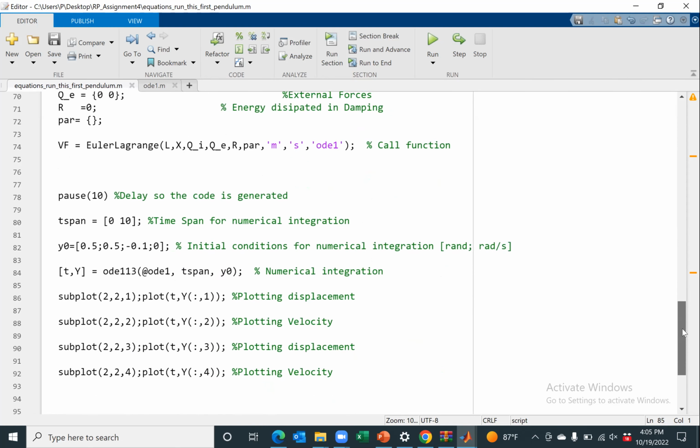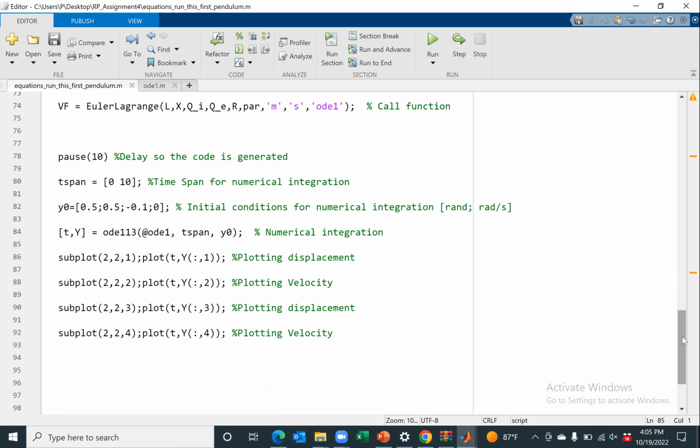Then if you go down, this is where you are creating the plots. So this is actually plotting the solution of the differential equation. Do you remember the subplot function from MATLAB? What this tells me is there are 4 variables. I want to plot those 4 variables in one big canvas, one big plot.